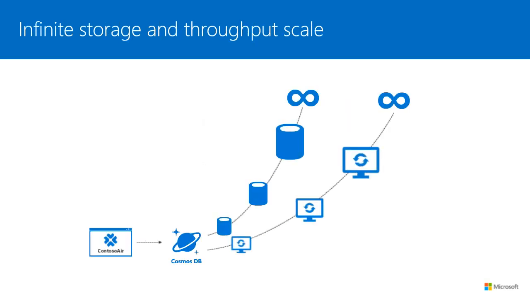Another crucial component is infinite storage and throughput scale. With real-time applications, there's a component of real-time data that tends to grow at an incredibly fast rate. And so you do need a database that can scale in terms of both storage as well as throughput. And this means that if your application starts out with 1 gigabyte's worth of data and 10 writes and reads per second, that's perfectly fine, and that can fit comfortably within Azure Cosmos DB.